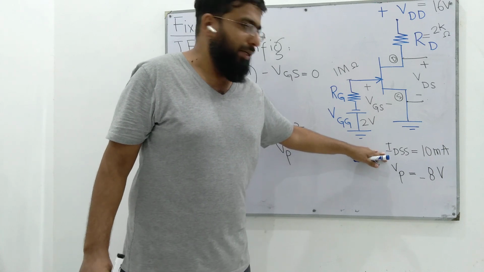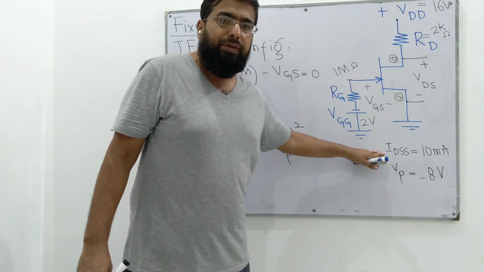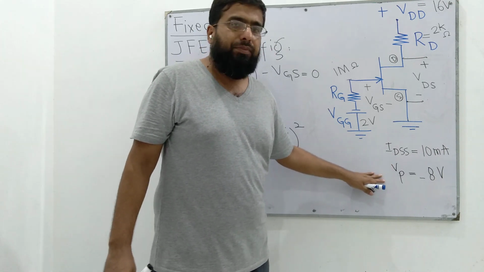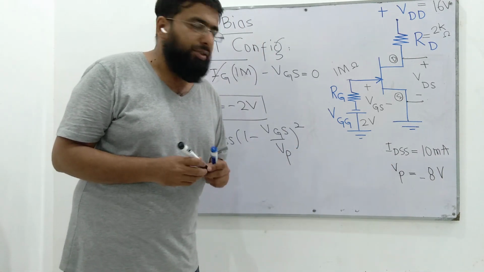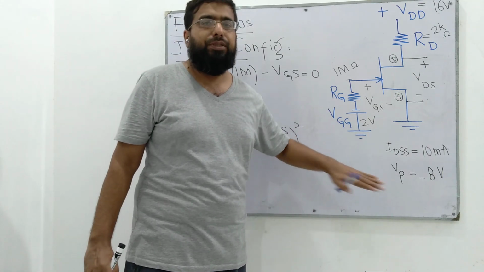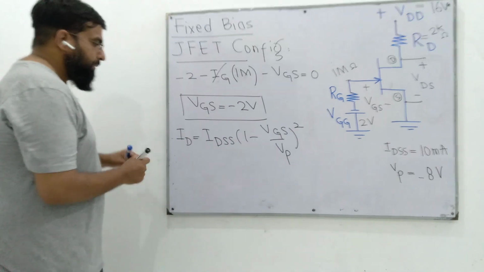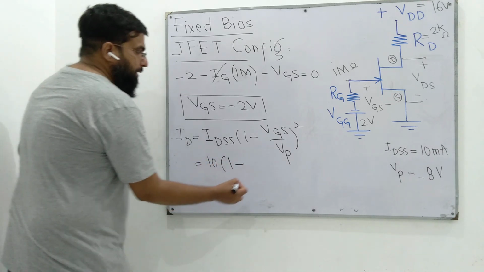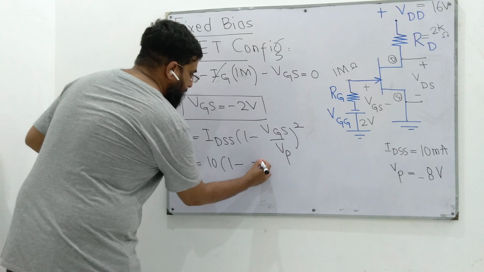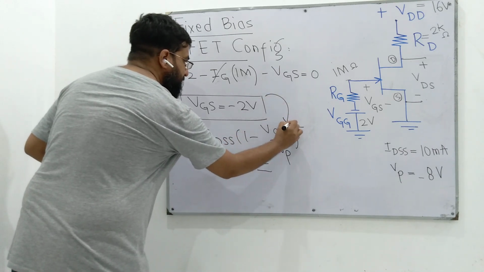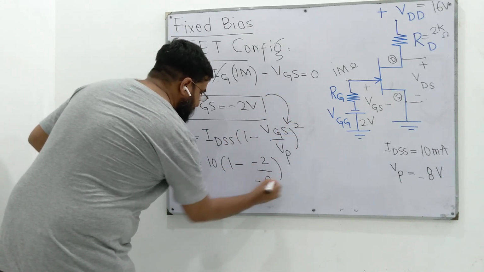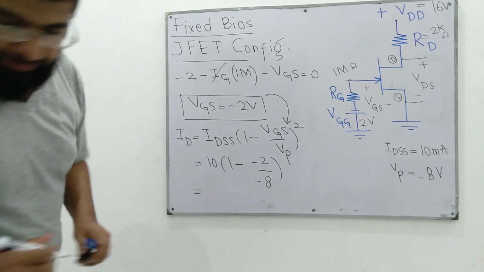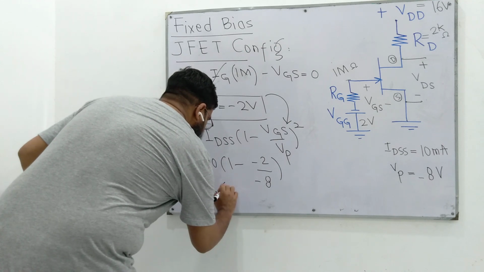IDSS is the maximum current ID obtained when VGS is equal to 0 volts, and VP -8 is the most negative value of VGS for which ID becomes 0. So put the values of these datasheet parameters here. VGS is -2, which I just calculated, over -8. So ID comes out to be 5.6 milliamperes.